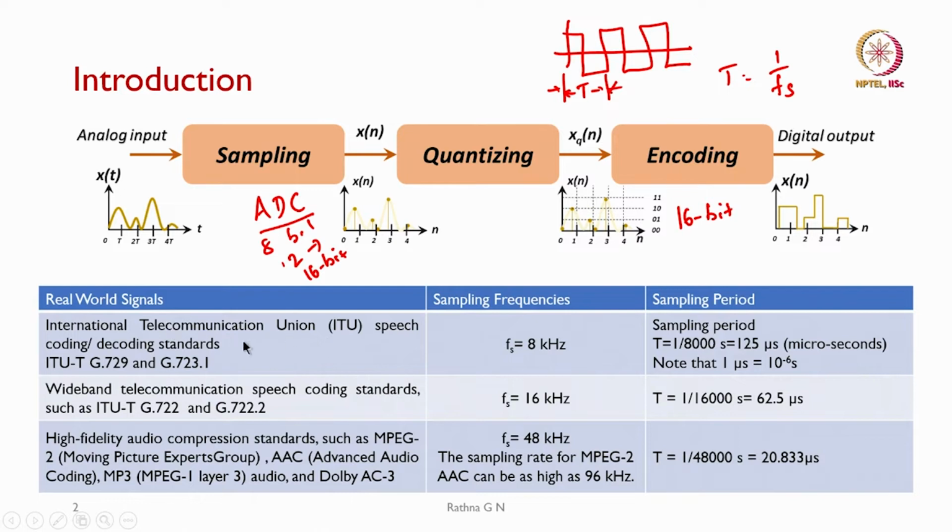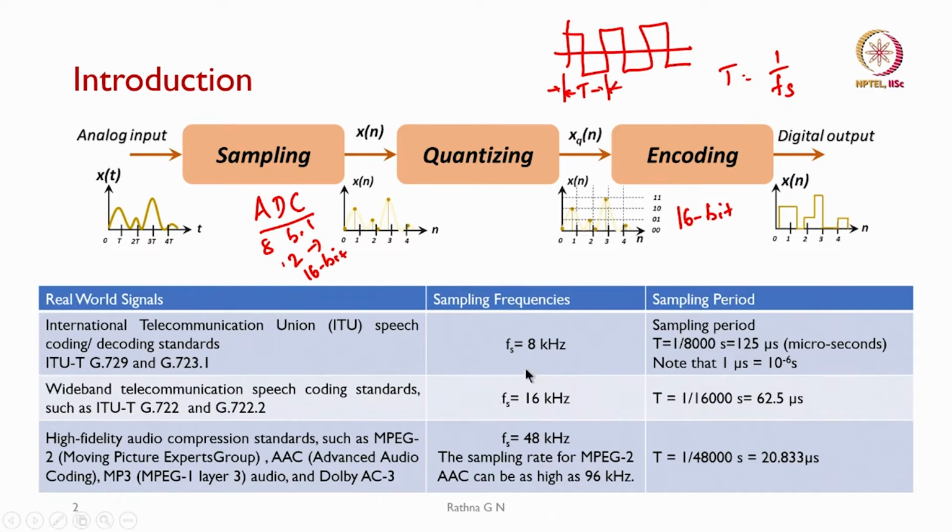One is speech coding or decoding, where one can use the ITU standard G.729 or G.723, which requires a sampling frequency of 8 kilohertz. So we must be able to complete both decoding and encoding within this time period, and the time period T is equal to 125 microseconds.